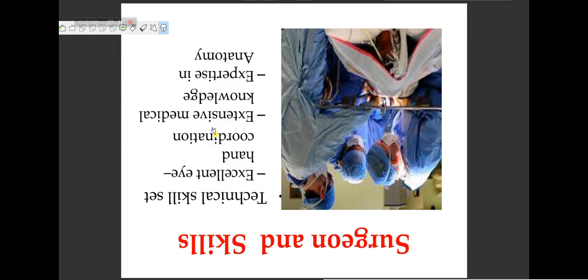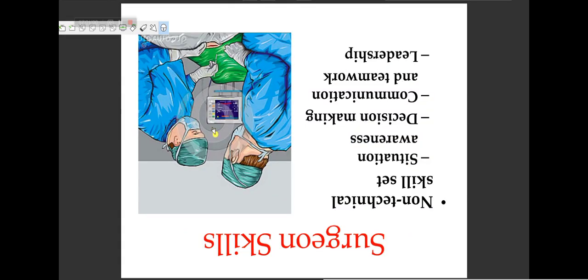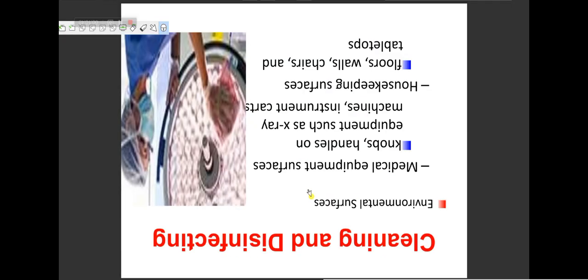He or she should be an expert in the anatomy, because after all they are dealing with a life, right? Then the non-technical skill set: situation awareness, decision making, communication, teamwork, and leadership quality should be there. So these are the skills required for a particular surgeon, right?